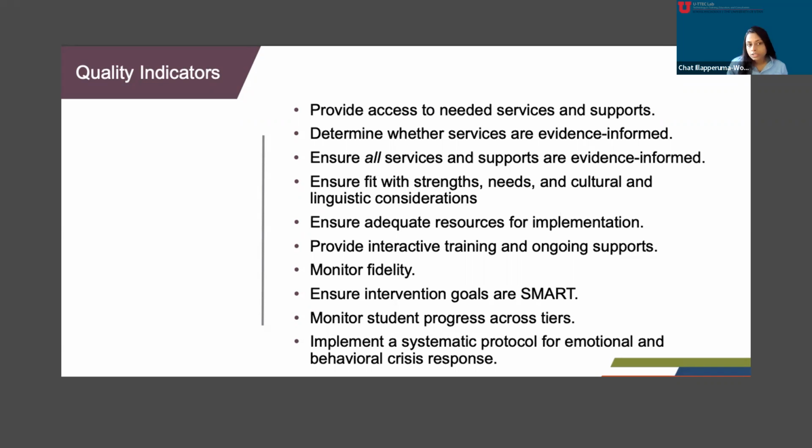But there's so much that goes into creating quality services, and it really depends on resources, training, staffing, and even knowledge. So these are, very briefly, a list of quality indicators for tier 2 and tier 3 services. We will cover some of this today.